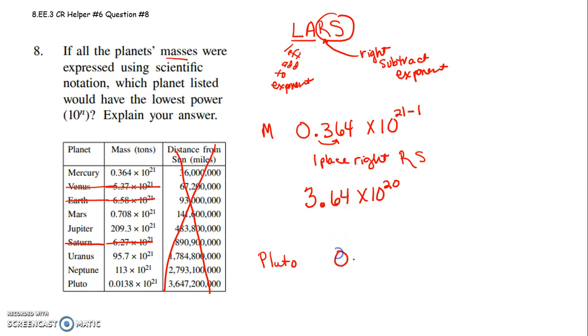So for Pluto, if it starts as 0.0138 times 10 to the 21st, in order to relocate this decimal point so it could be in scientific notation, I now would have to move that decimal point 2 to the right. Well, if I'm going to go to the right, I'm going to subtract. So 2 places to the right, I have to subtract 2 from the exponent.